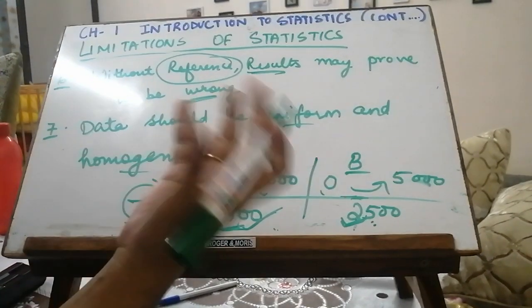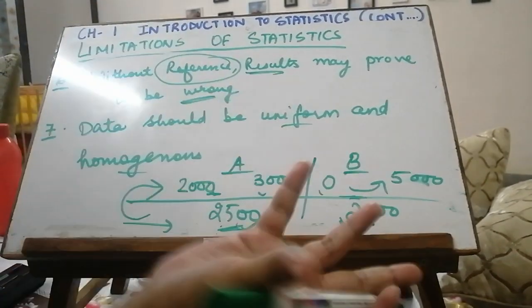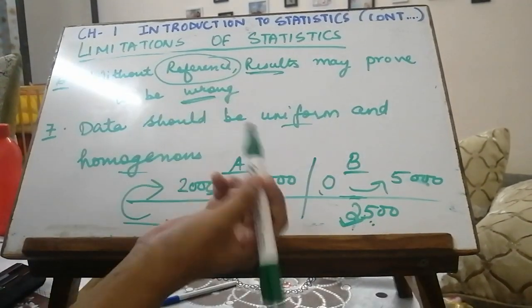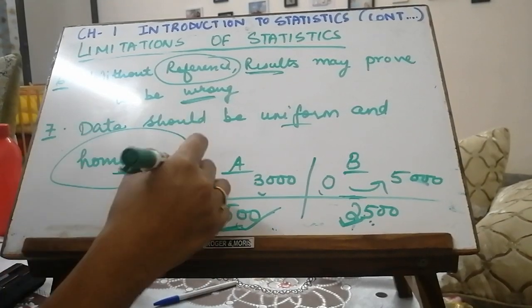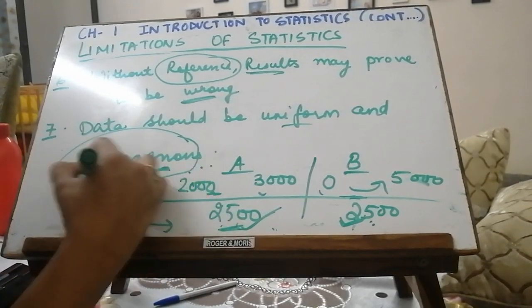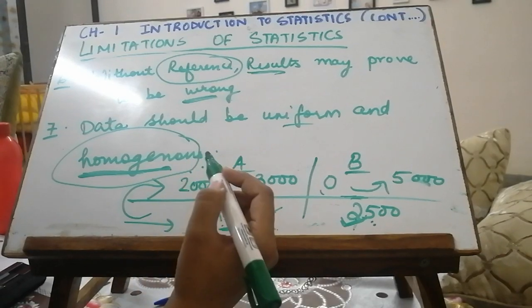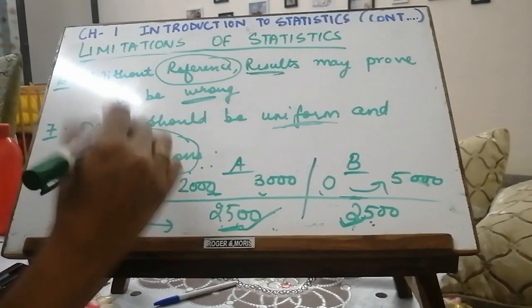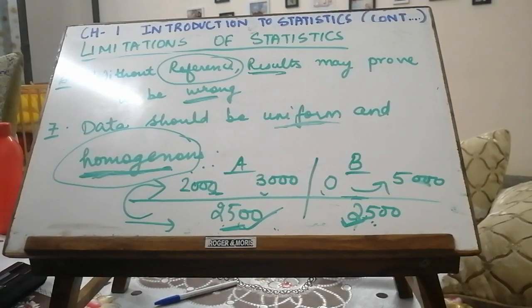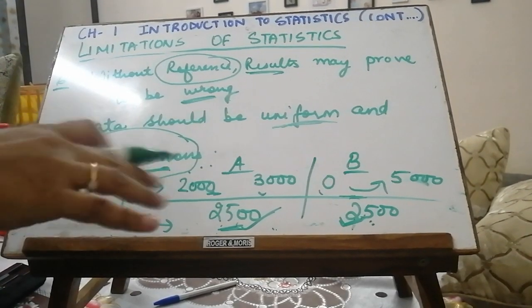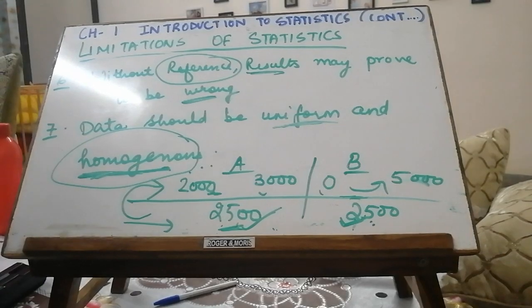But the height of a tree and the height of a man have no relation to each other, so they are not homogeneous in this case. Homogeneous means similar, that which can be compared. Uniformity and similarity should be there in the data so that proper analysis can be done. So these are the limitations that I have talked about.